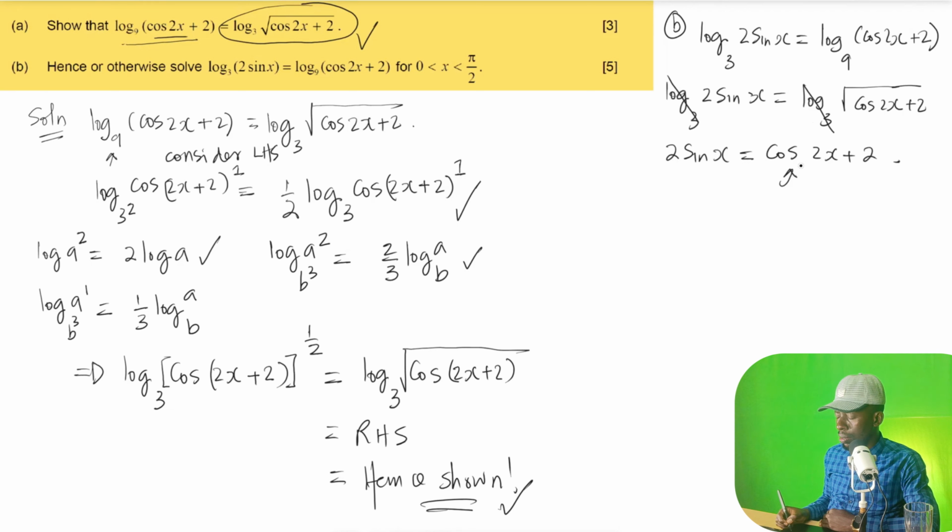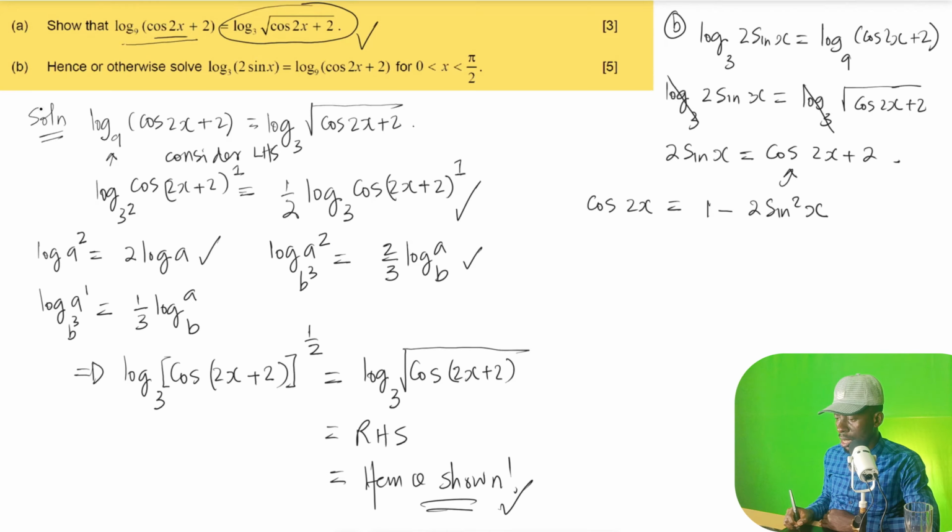This is a double angle. If you check in your formula booklet, it says cosine of 2x equals 1 minus 2 sine square x. So in the place of cosine 2x, we can plug that in.